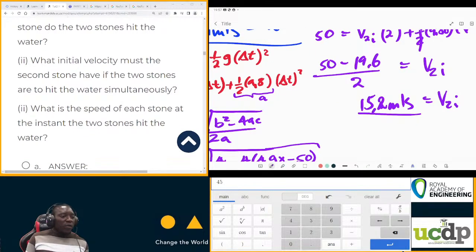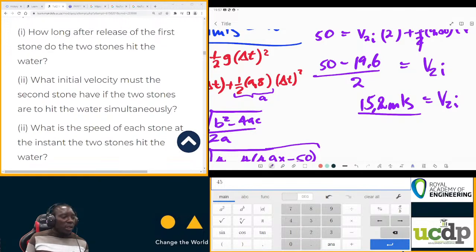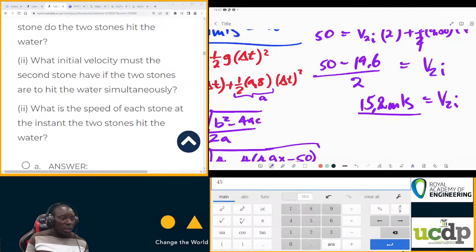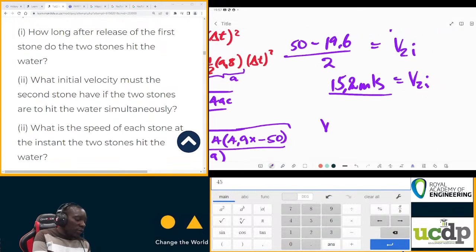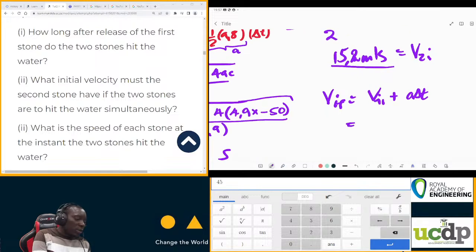And what is the speed of each stone at the instant the two stones hit the water? This is the final velocity for each stone, and we know that v1 final equals v1 initial plus at.